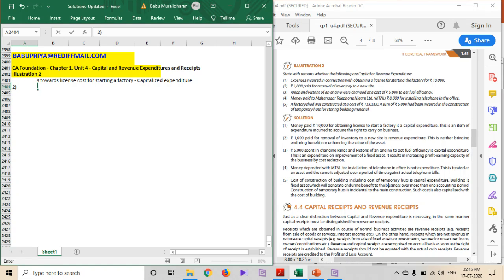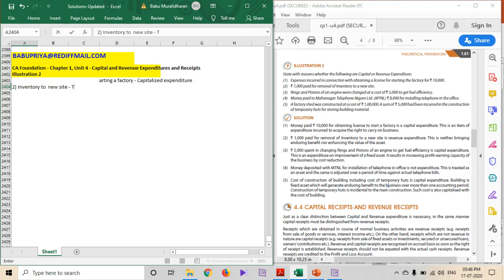Second one: rupees 1,000 paid for removal of inventory to a new site. Inventory removal is part and parcel of the normal routines. A scrap inventory has to be moved to a different site, and this is not going to bring in any sustainable revenue, right?